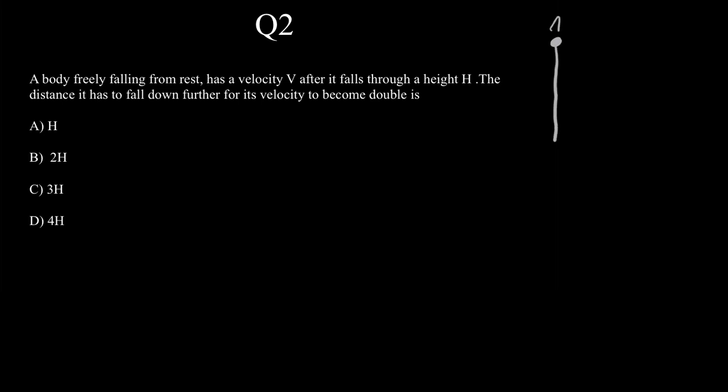So the body is being dropped from A, and the initial velocity u is 0. It is falling from rest and has a velocity v after it falls through a height h. So let us say this much distance is h.